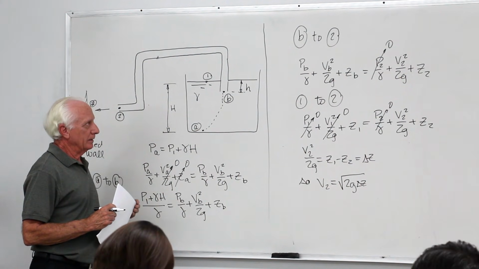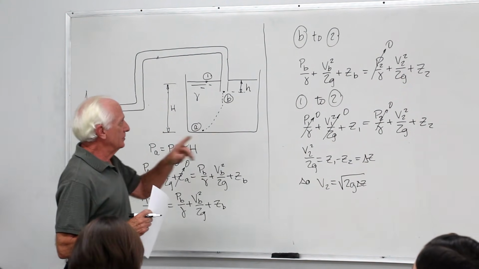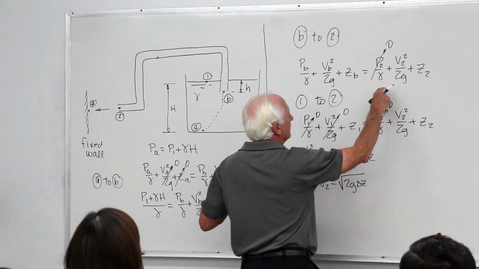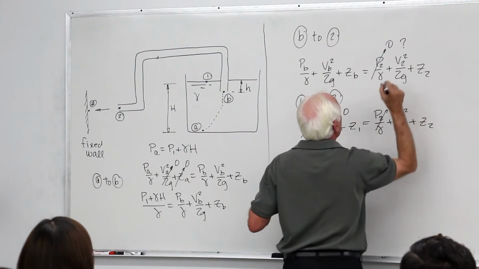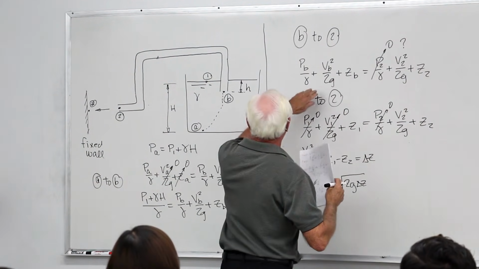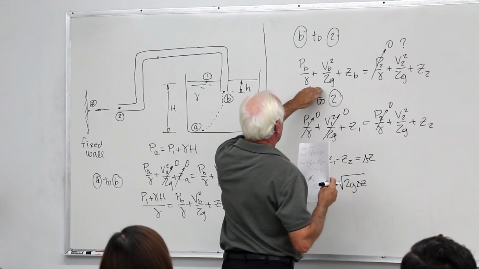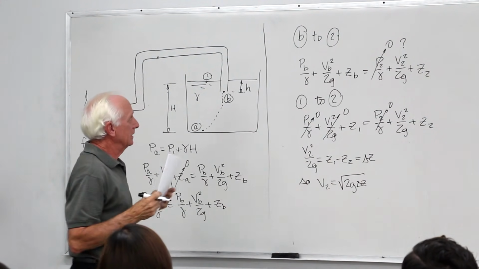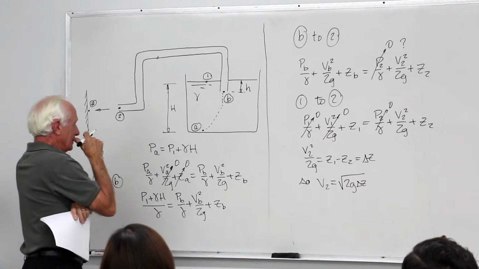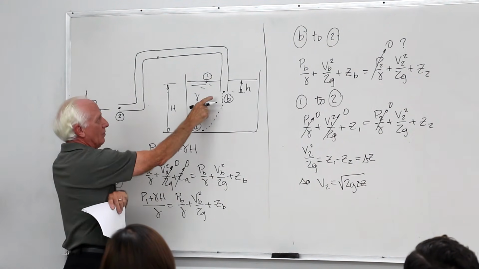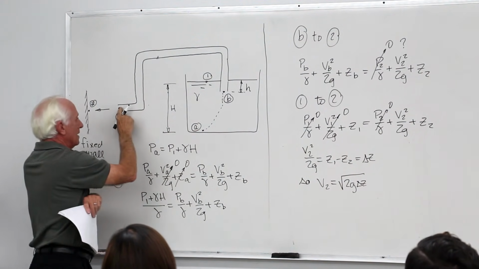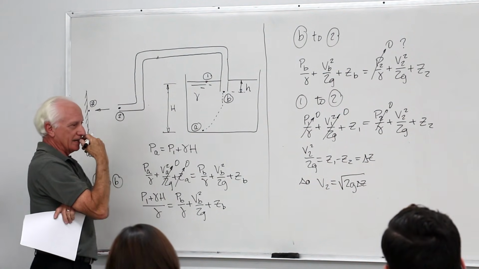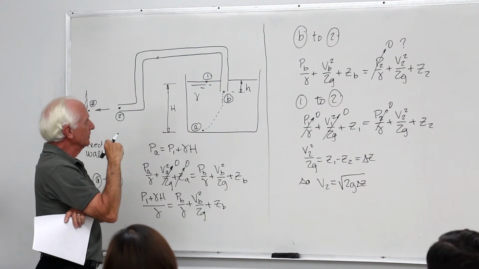Could I get V2 from this guy here? I don't know that. Do I know V at B? Conservation of mass: what comes in there must go out there if it's steady state. Okay, steady state it is.